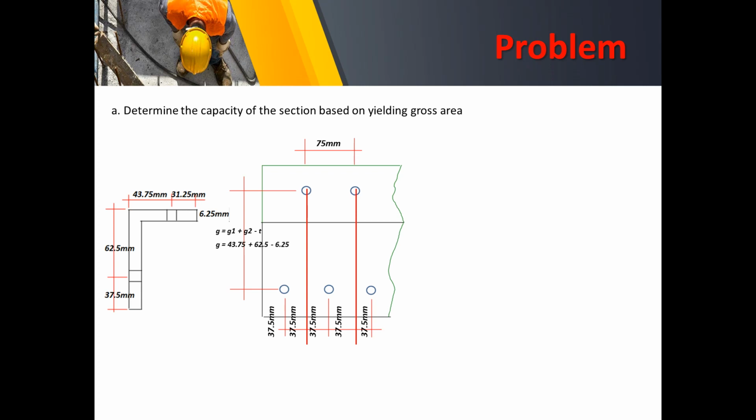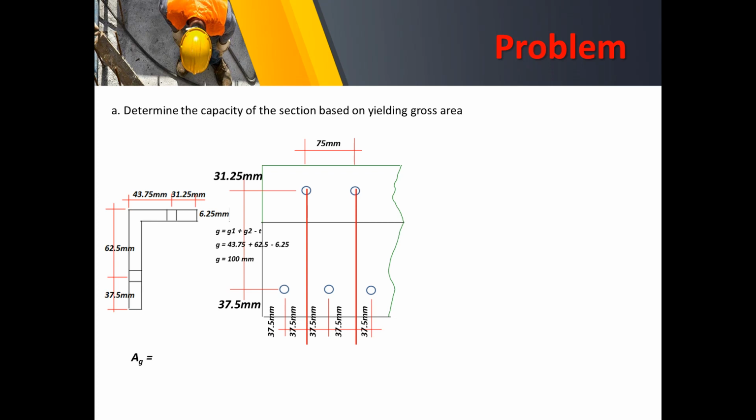Of course, we deduct the thickness, 6.25. By arithmetic, that will equate to 100 millimeters. So of course, note that we have here the distances of 31.25 and 37.5.